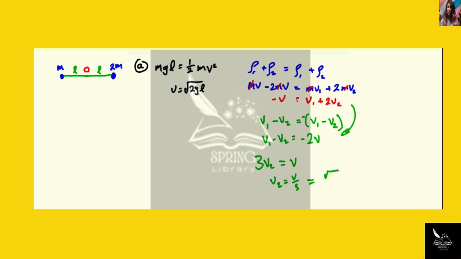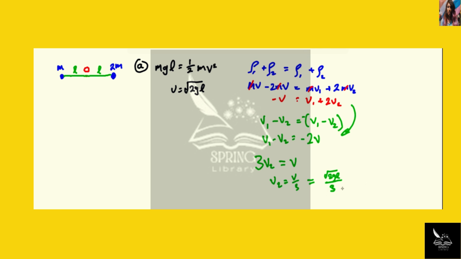So we actually have the square root of 2gL over 3. And that is the speed of the second mass, the larger mass, as it bounces away.